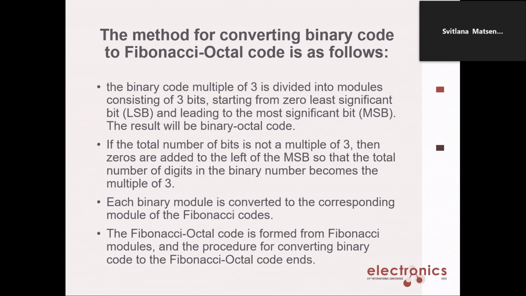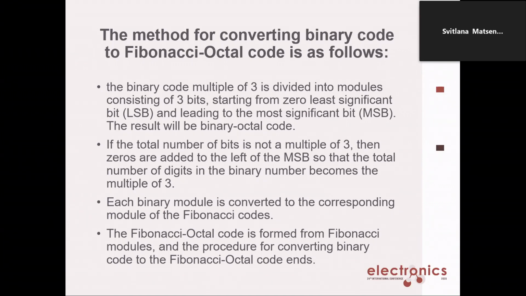This method consists of some steps. First, the binary code, a multiple of 3, is divided into modules consisting of 3 bits, starting from the LSB and leading to the MSB. The result will be a binary octal code. If the total number of bits is not a multiple of 3, then zeros are added to the left of the MSB, so that the total number of digits in the binary number becomes a multiple of 3.